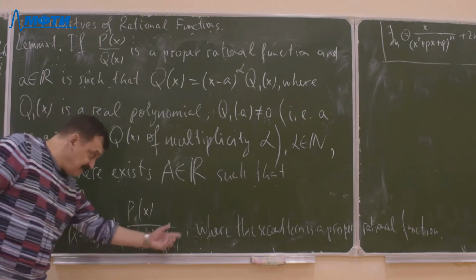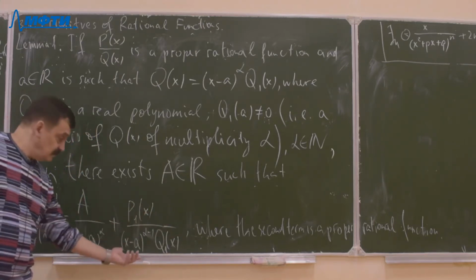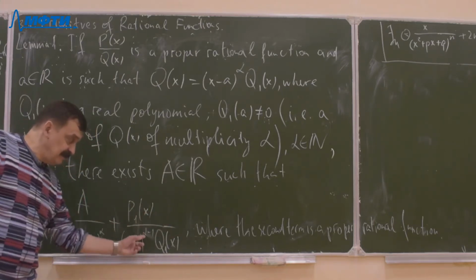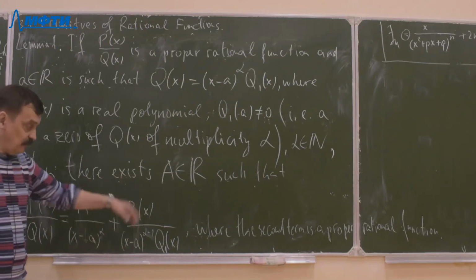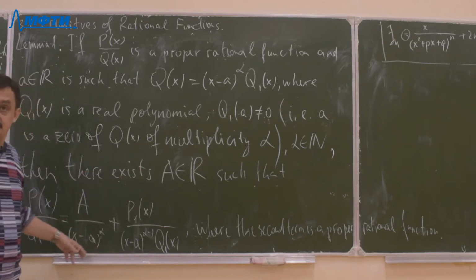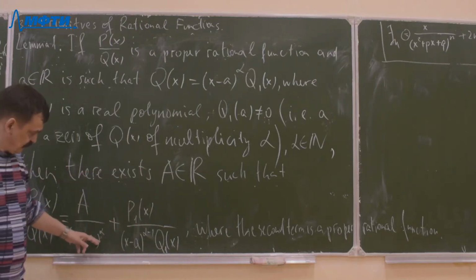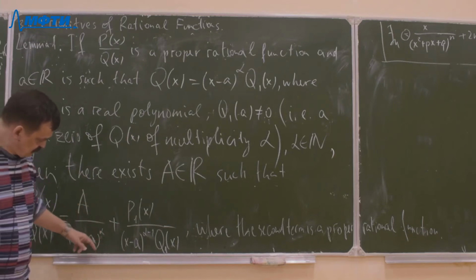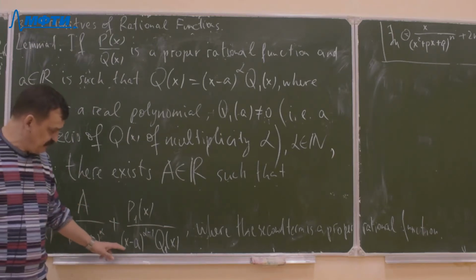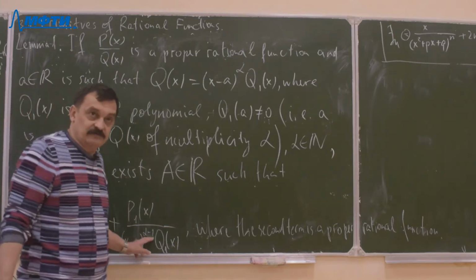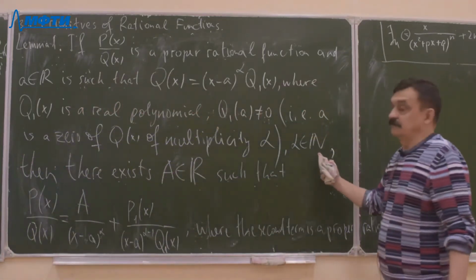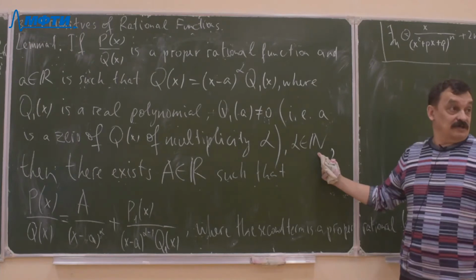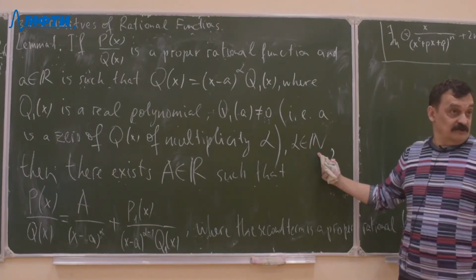In other terms you have x minus a in a smaller degree. So if you apply it several times, then you will get (x minus a) to the power alpha, then (x minus a) to the power alpha minus 1, and so on, up to x minus a in the denominator, right?